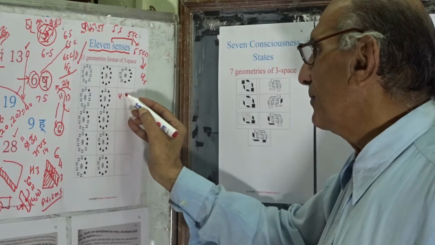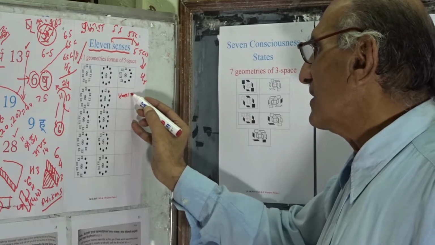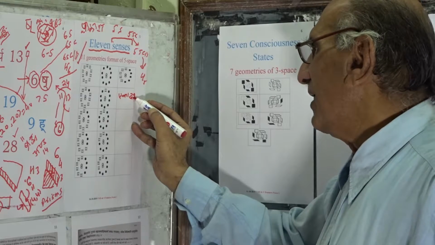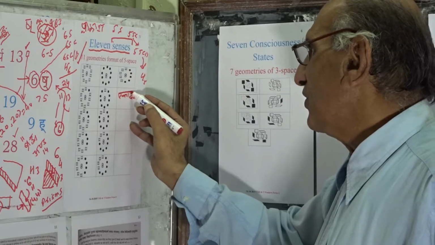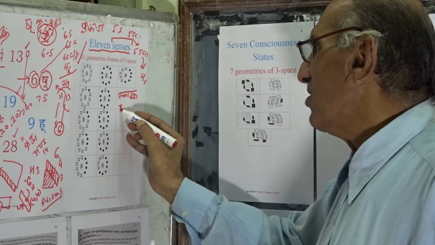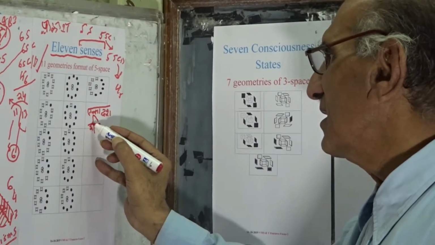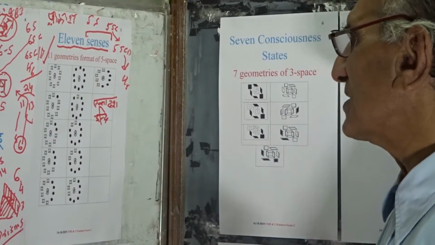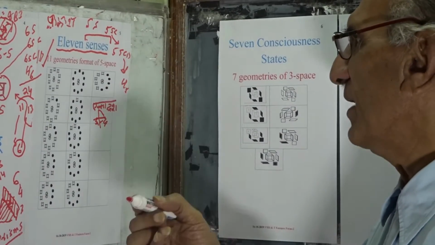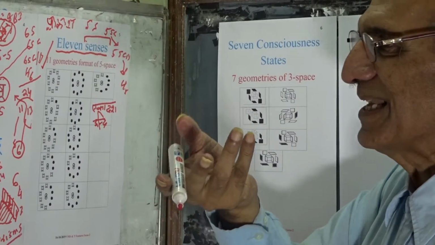Ekadas Indri, the 11 senses of the human body. These are the features, these are the values. This is the format at the senses level.